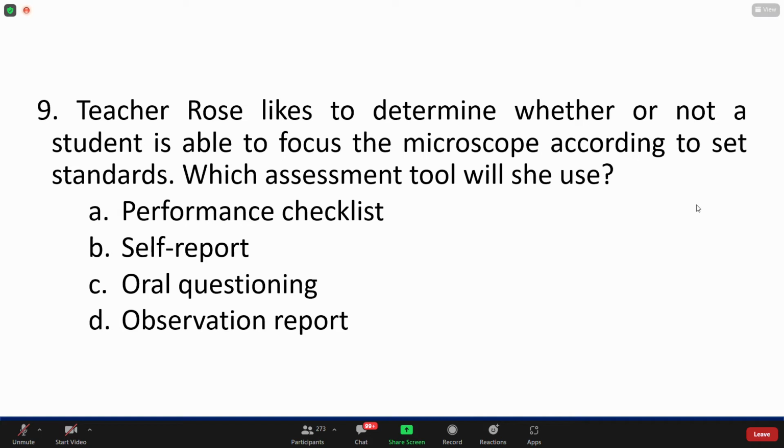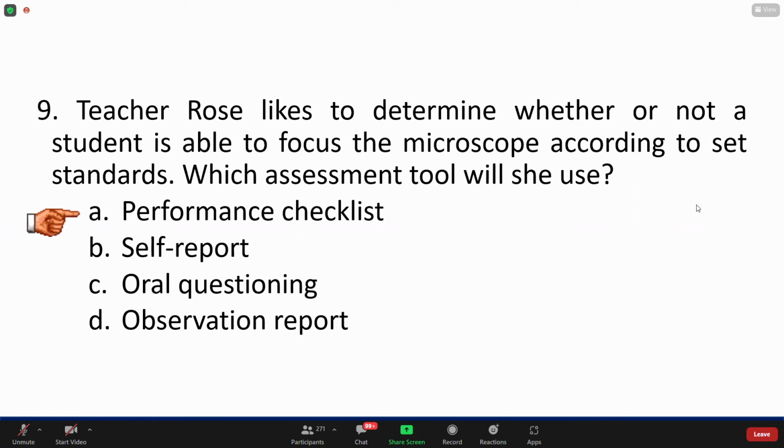Pakibasa kung ano yung kasama ng letter. The observation report. Okay, so actually, ang dapat is performance checklist. So you have the list of standards and then i-check natin kung na-perform yon ng ating estudyante. So minsan mahirap gawin si observation report. Di ba? So pwede tayo may ma-skip na portion or part.